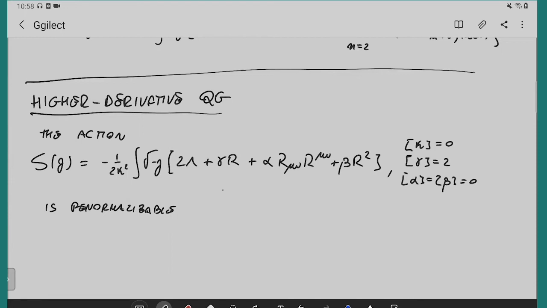Maybe you might be confused because I said before that these terms are proportional to the equation of motion of this action. Actually, they are proportional to the equation of motion without the cosmological constant. So I can absorb them with a redefinition, but that redefinition was perturbative. This means that you can do this only when alpha and beta are considered like quantum corrections.